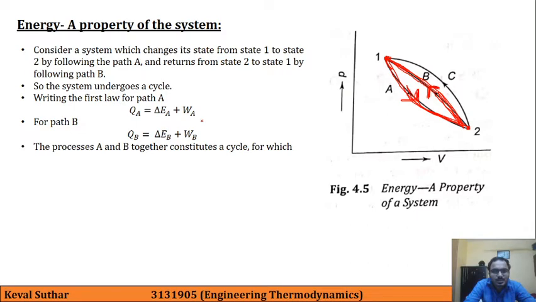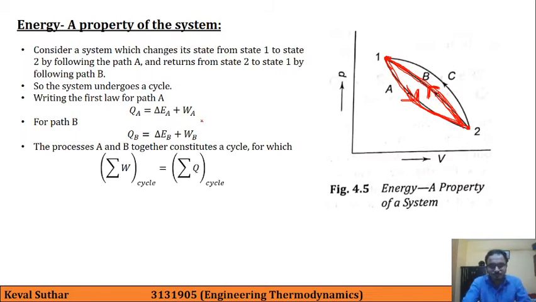The processes A and B together constitute a cycle, as you can see in this diagram also. So it can be written that sigma W of a cycle is equal to sigma Q of a cycle. We can write all the work interactions, WA plus WB, equal to all the heat interactions, QA plus QB.